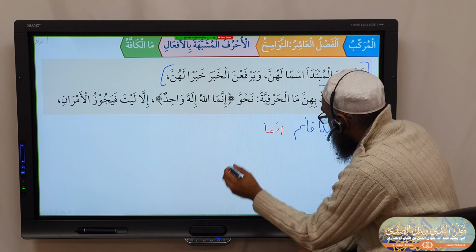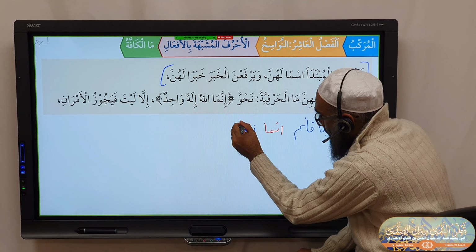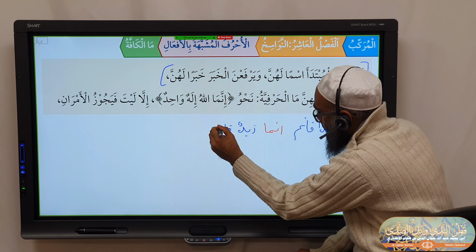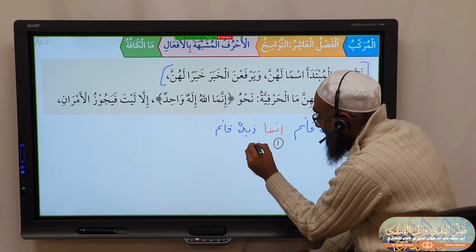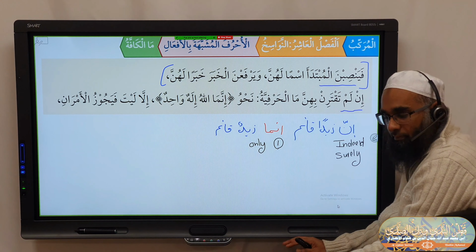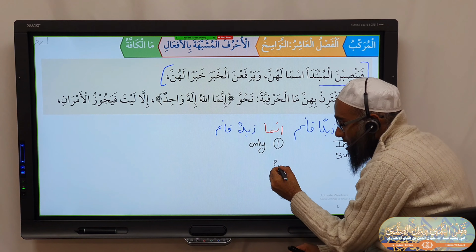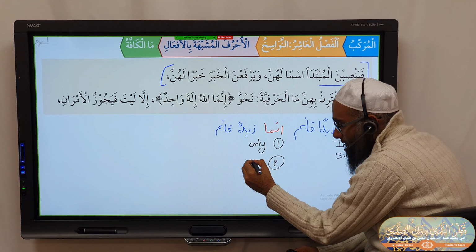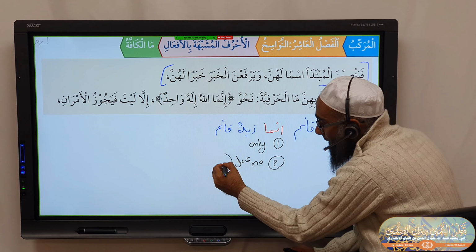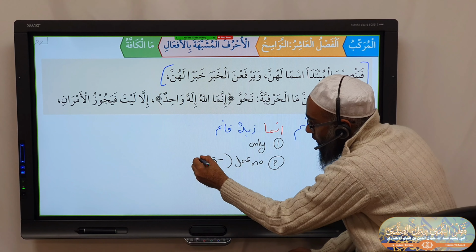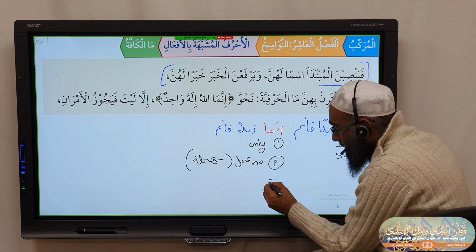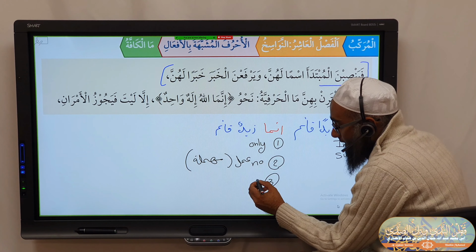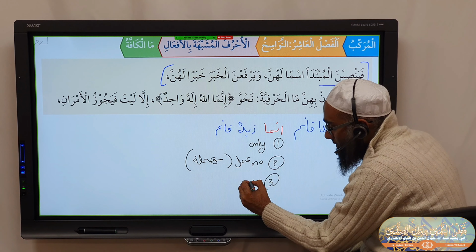One is the difference in the i'rab, and one is the difference in meaning. The meaning is only. In terms of i'rab, it does no amal. It becomes muhmal, meaning ghayr amil. And number 3, it can enter on the verbal sentence, يدخل على الفعلية.